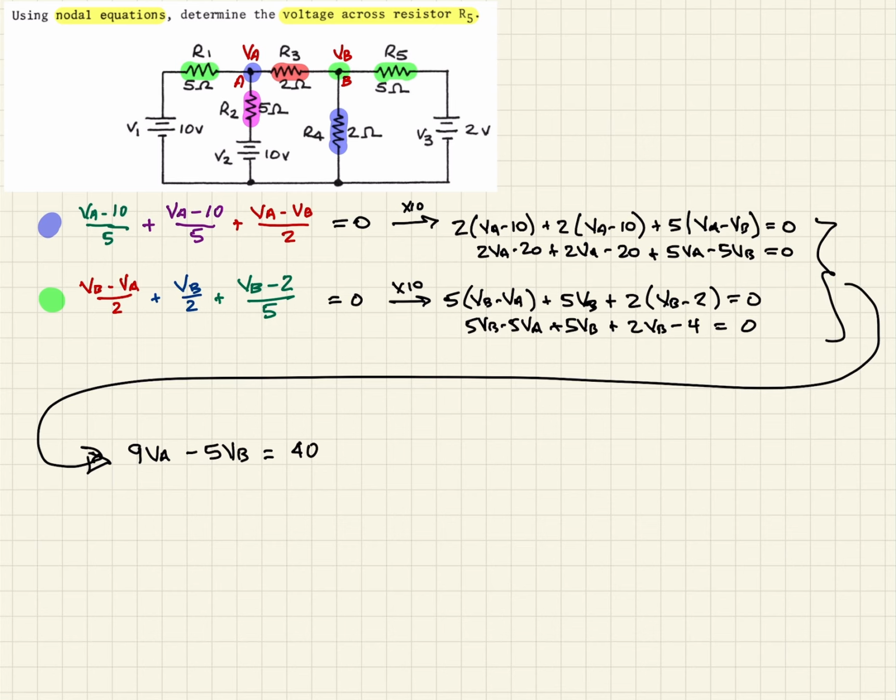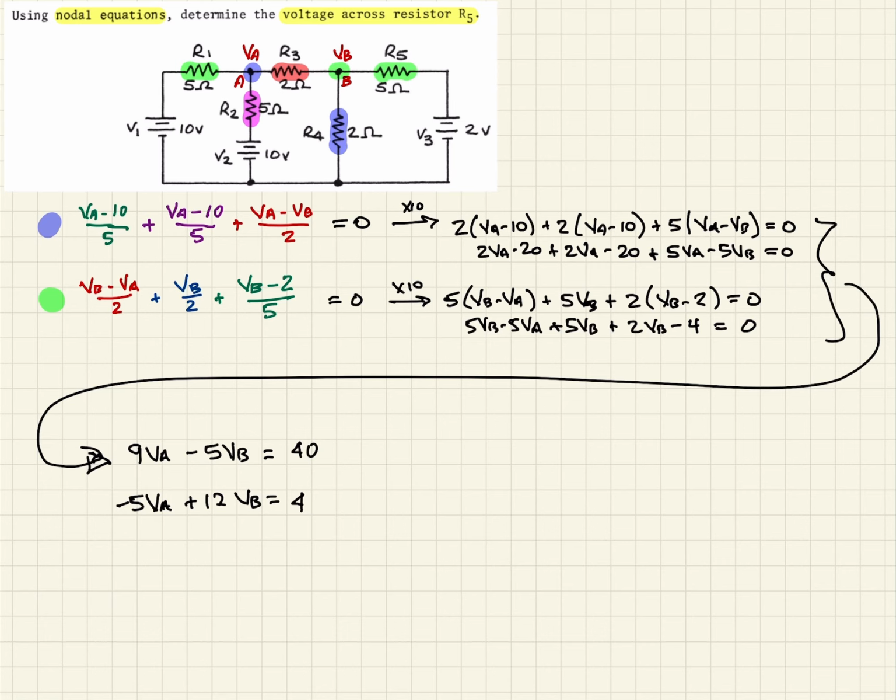And then on the bottom, just combining like terms, we'll have minus 5 VA, and we'll have 5, 10, 11, 12, so plus 12 VB, and that is going to equal 4. That's what we come up with there.